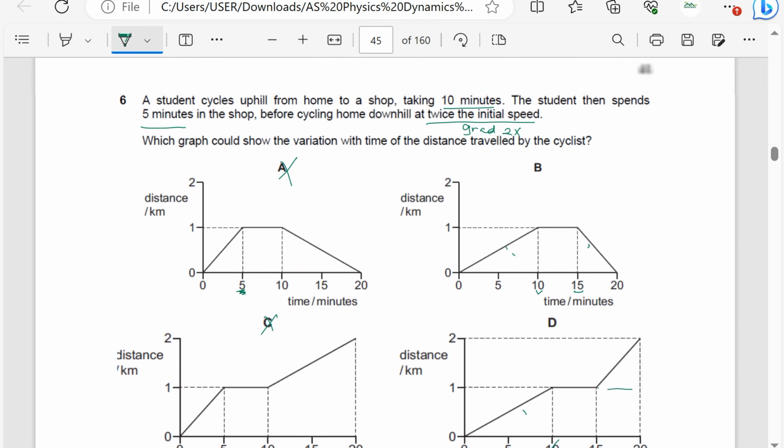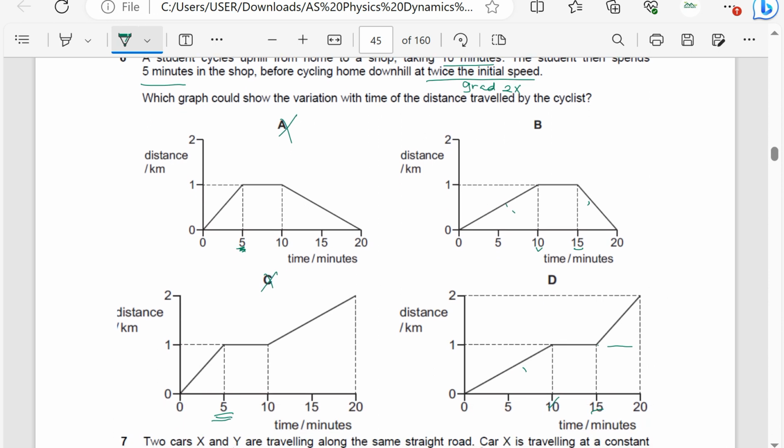But they said the student spends 5 minutes in the shop before cycling home at twice the initial speed. Comparing the first part, it took 10 minutes to cover a distance of 1 kilometer, and after it's taking 5 minutes to cover again a distance of 1 kilometer.